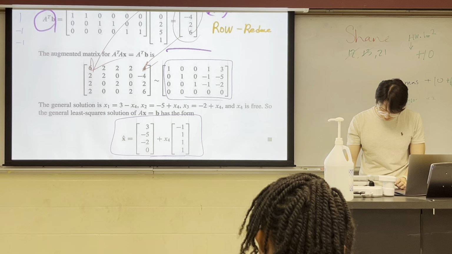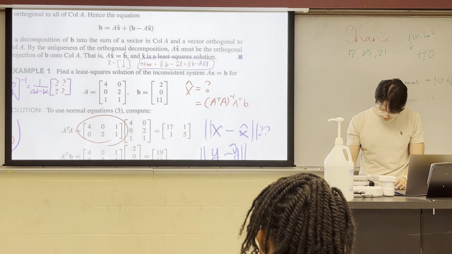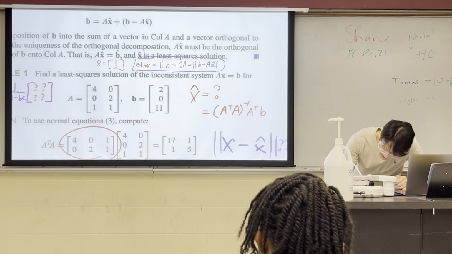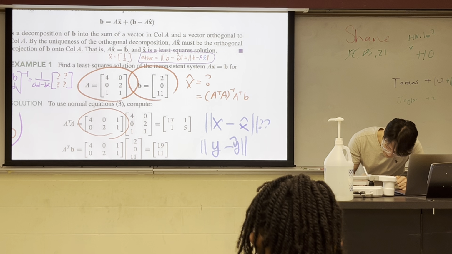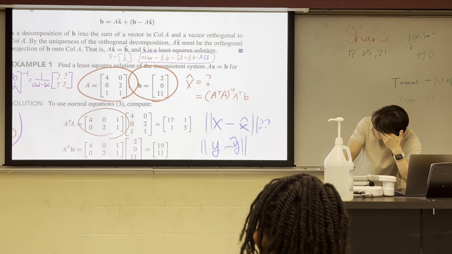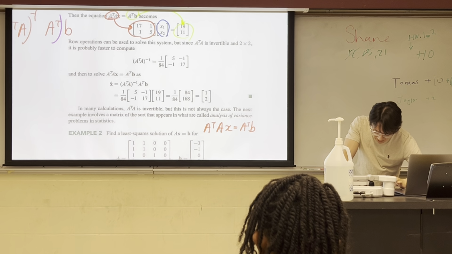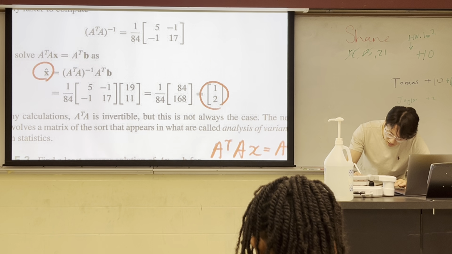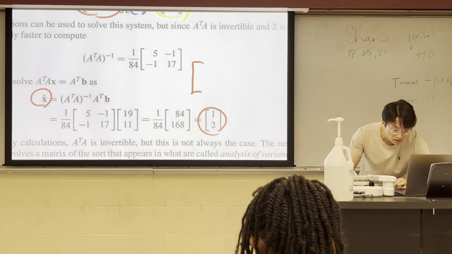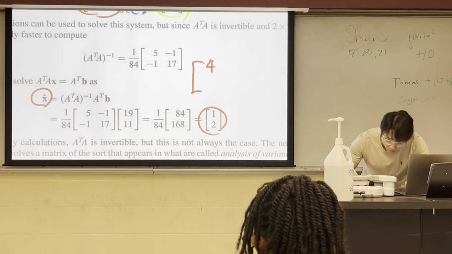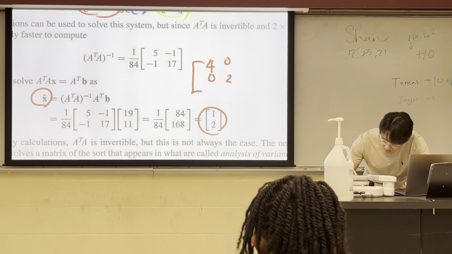Now, go back to the problem. What is the error in this problem? How do we compute that? You find the x hat, okay? You find the x hat, you multiply, what was the A? A is 0.40211.